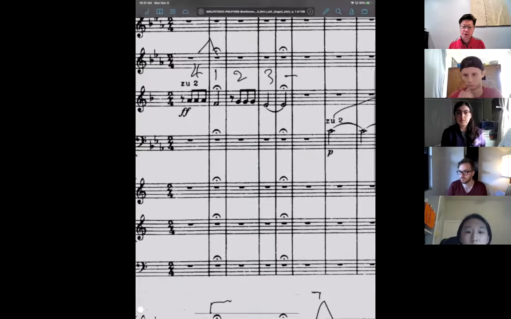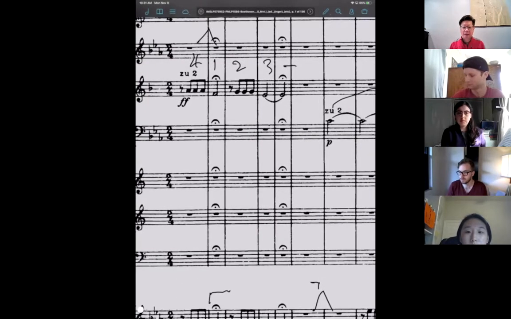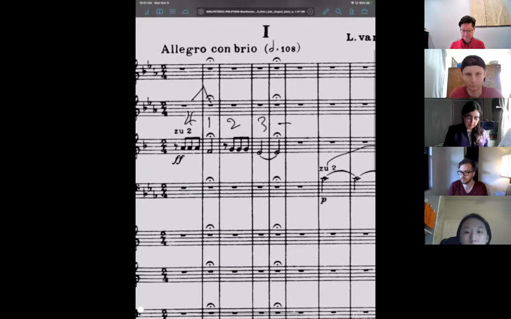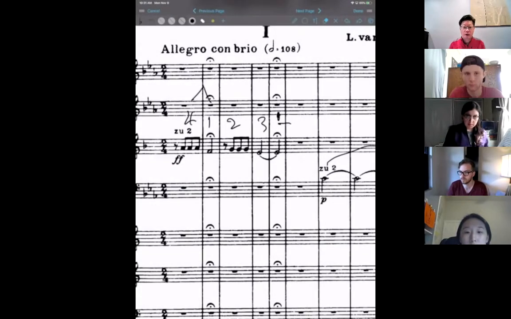This is a bar that has thrown off many conductors and people analyzing this movement, because they consider this bar right here and wonder, is that an extra bar or is that just the hold?